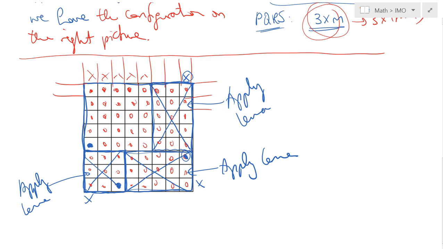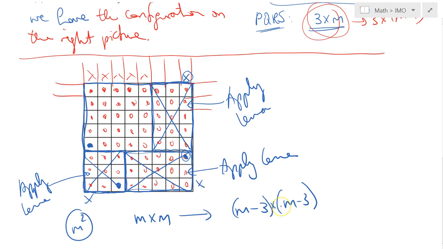So check this out: we started with an m by m square, in total m squared pieces, and after applying the lemma intelligently we were able to reduce it to an m minus 3 by m minus 3 square subset, and now I can keep doing this procedure again and again until it keeps reducing.